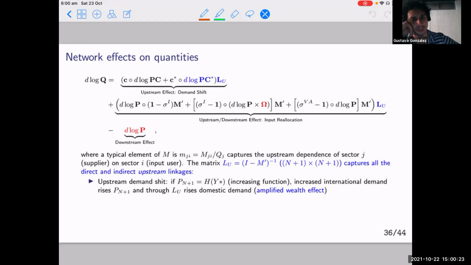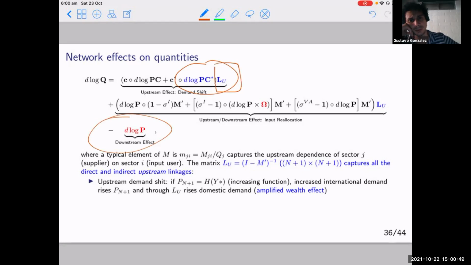Quantities respond because of the cost channel. So you have larger cost of production, then you shrink your production. However, there is the upstream demand shift, right? Which is related to the wealth effect. Here, the wealth effect is not just coming from consumer demand, but also from sectoral demand, because the commodity is going to demand from many other sectors, and that is amplified by the upstream Leontief inverse modified, right?